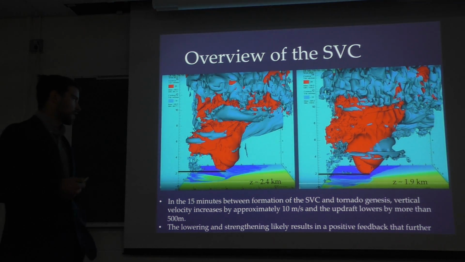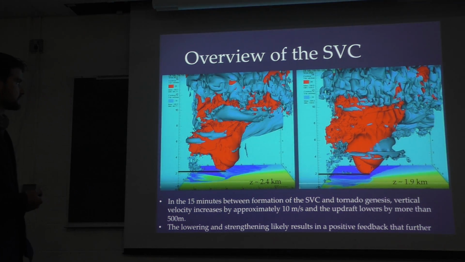But I just want to talk about how this feature appears to influence the storm preliminarily. This is at time 3,000 seconds into the simulation, and this is about when the SVC forms as we define it. At this time, the low-level updraft is about 2.5 kilometers, 2.4 to be exact.